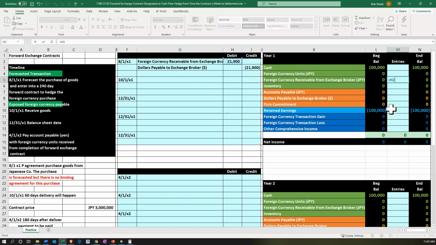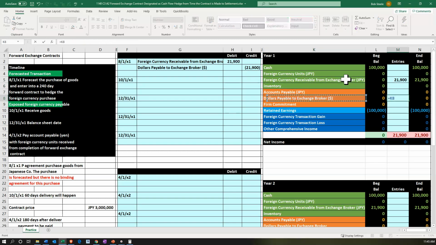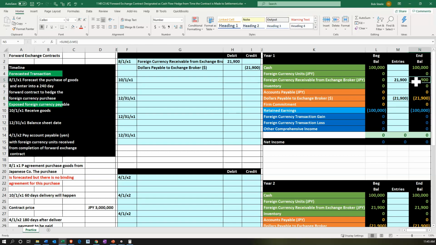This thing is in foreign currency that we're going to get, so we're going to have to adjust this receivable as the rates change, as time passes, given the change in the exchange rate. However, this payable is not going to change because we're going to set it right there at that amount. So this is going to be paid in dollars, and this is going to be paid to us in yen. So the variance that we have will be on the receivable side of things.